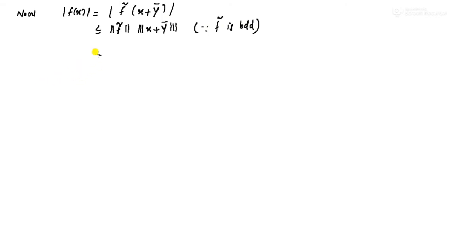That is equal to norm f tilde into infimum of norm x plus y such that y element of Y closure, since quotient norm of x plus Y closure is defined as infimum of norm x plus y such that y element of Y closure, which is less than or equal to norm f tilde into norm x.